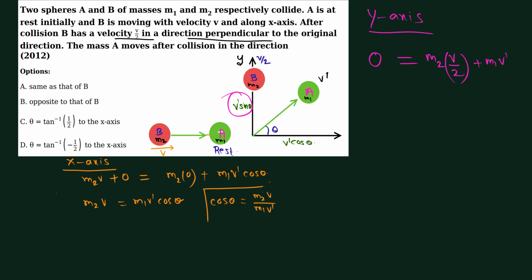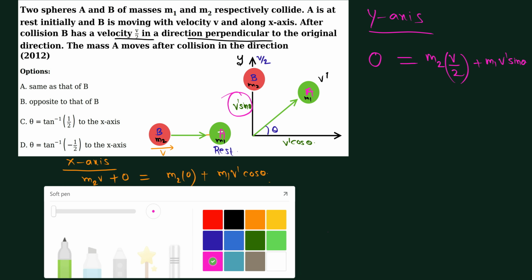The velocity of ball A splits into two directions, x-axis and y-axis. Along the x-axis, hypotenuse into cos theta. The other side of that is the y-axis, hypotenuse into sin theta, v dash into sin theta.